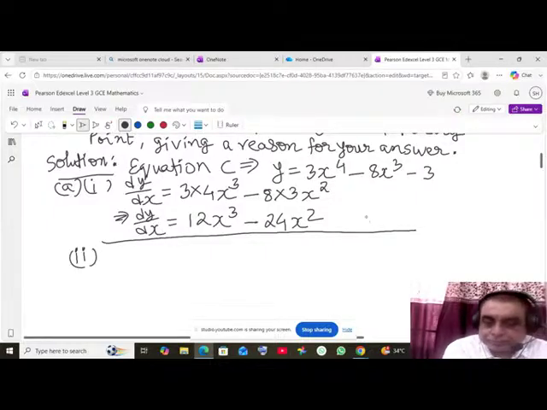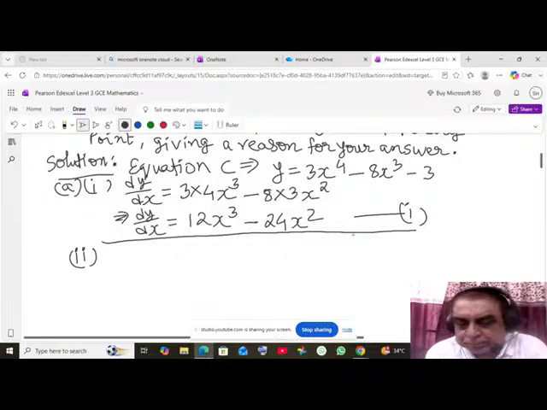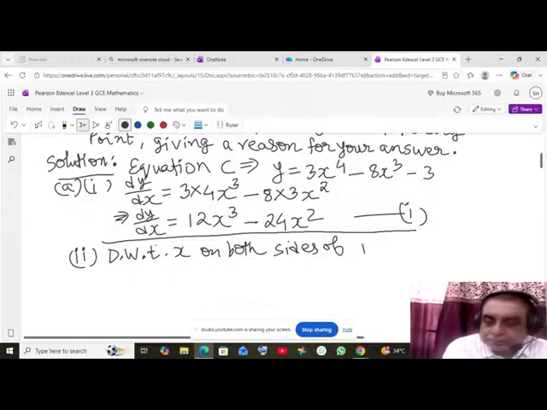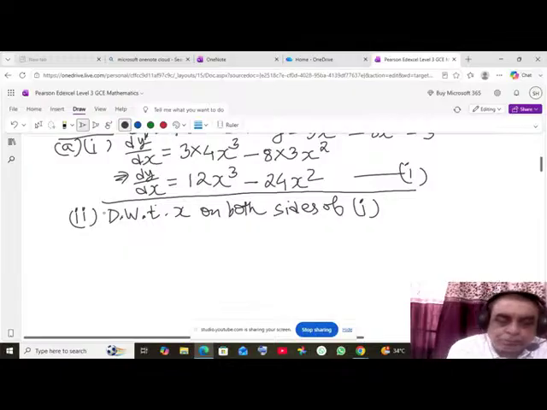Now you will differentiate this equation number 1 on both sides, differentiating with respect to x, and you will get d squared y by dx squared.